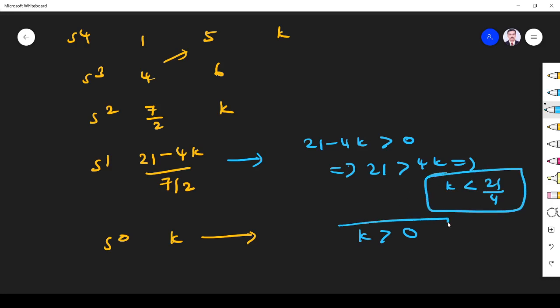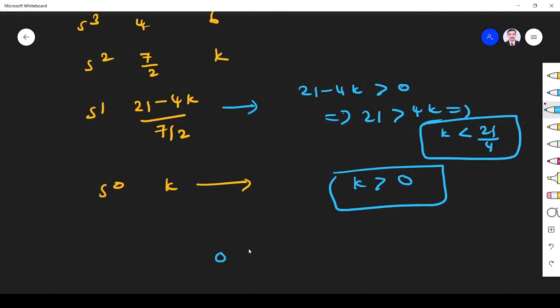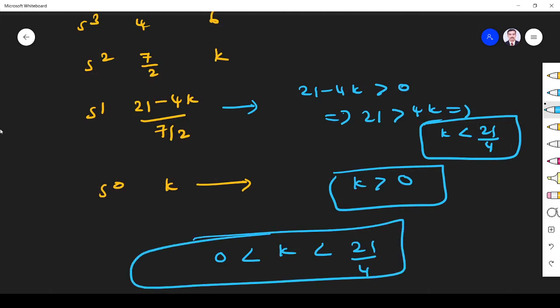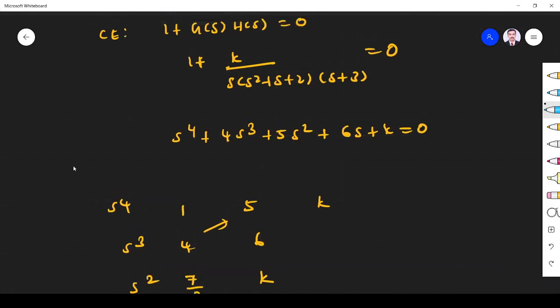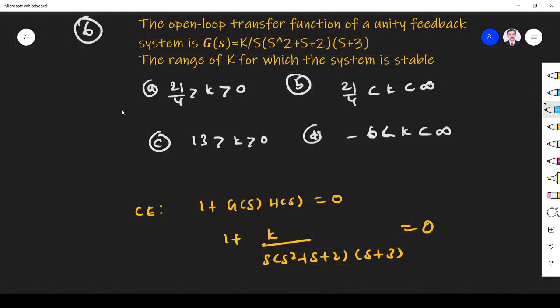So k must be greater than 0 and k must be less than 21 by 4 for the system to be stable. So 0 to 21 by 4. So option A is the right answer. k must be greater than 0, less than 21 by 4.